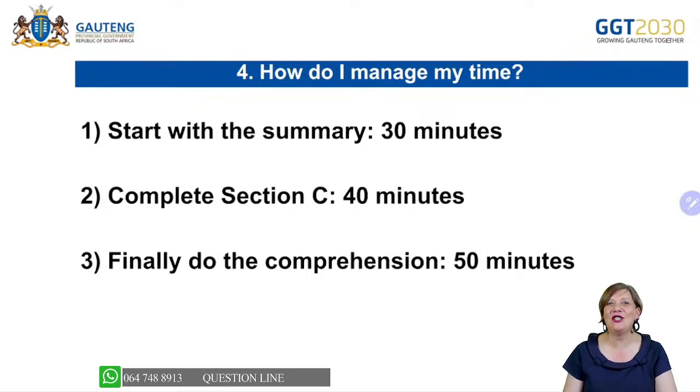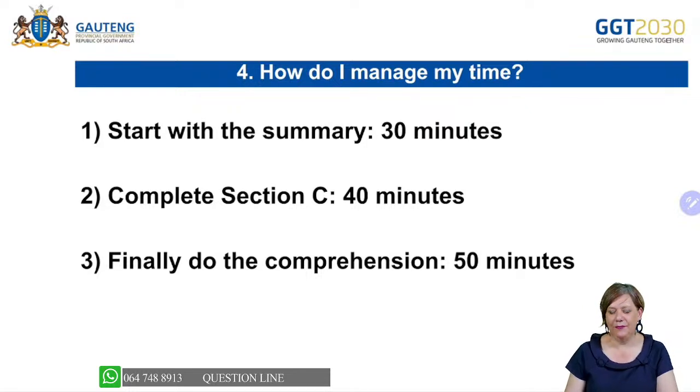So may I suggest that you do start with a summary first. It's the easiest part of the paper and a place where you really can score big marks. So please start with the summary first. Remember, comprehension is quite difficult. And if you get stuck there, you might not end up doing your question 5.